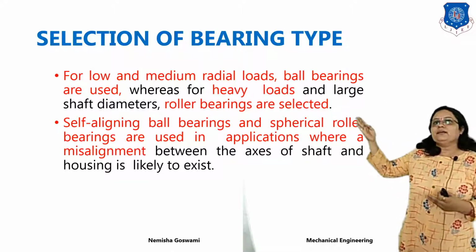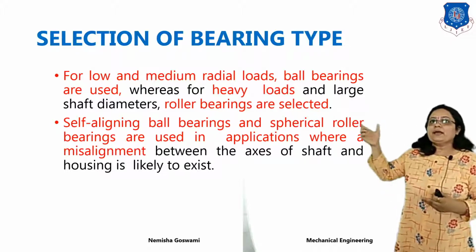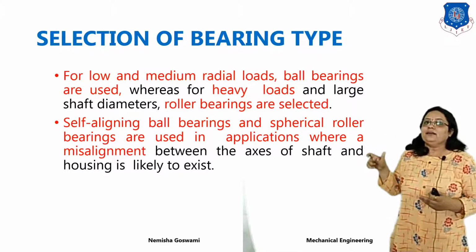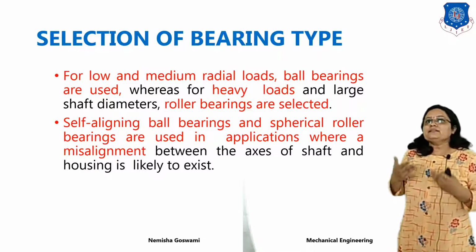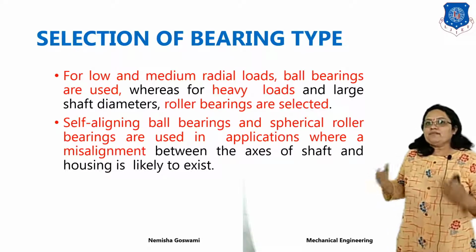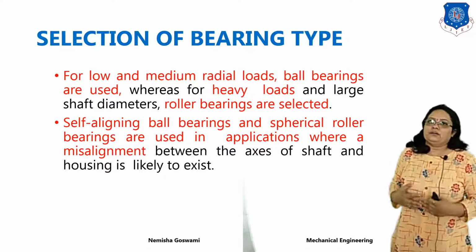For example, here we are talking about the self-aligned ball bearing and the spherical roller bearing. Both can permit shaft deflection up to plus minus 1 degree. When the shaft is deflected, the bearing will try to bring the shaft back to its original position.